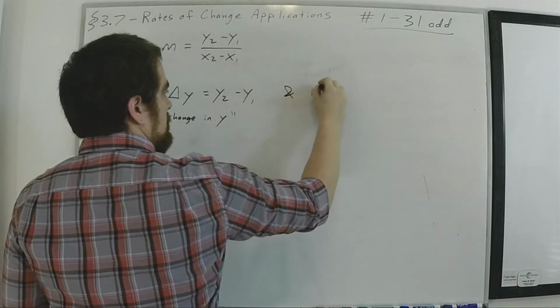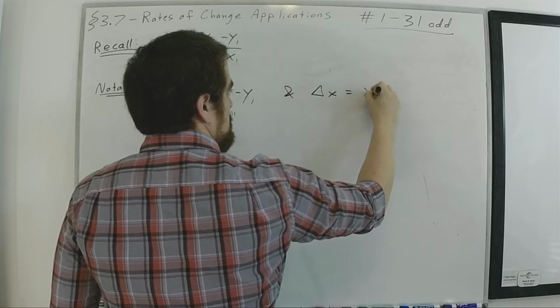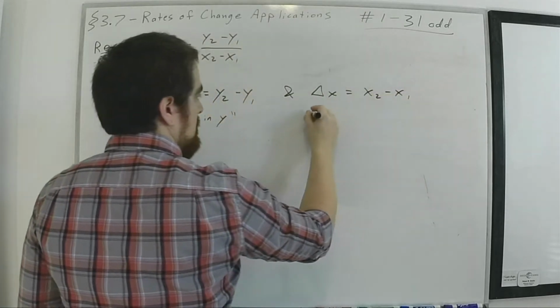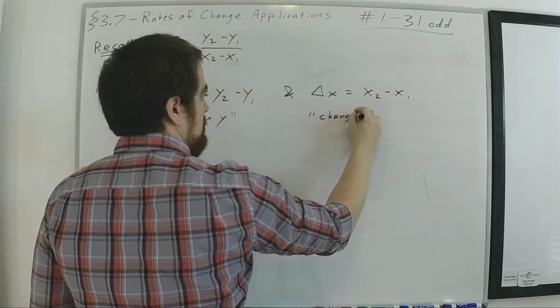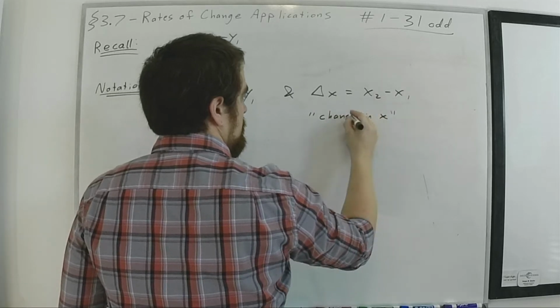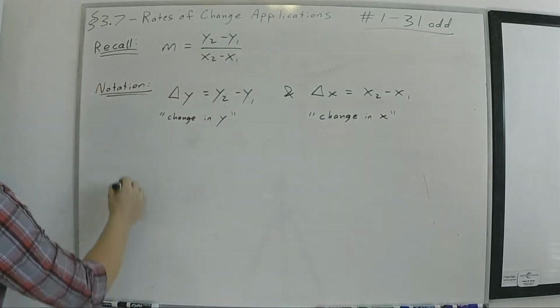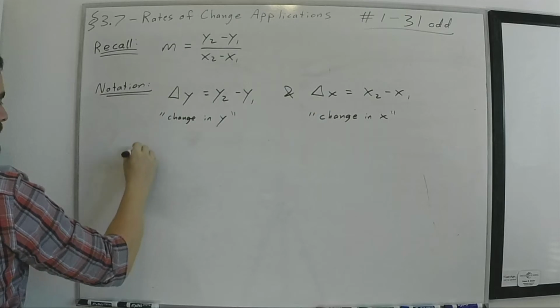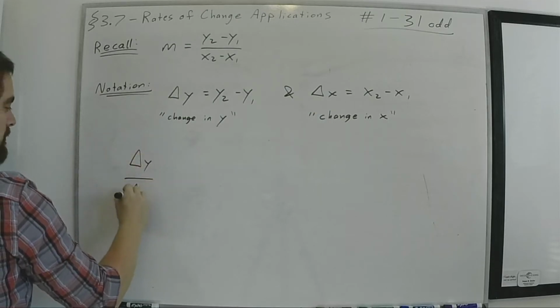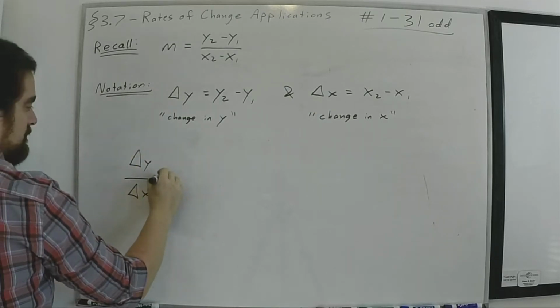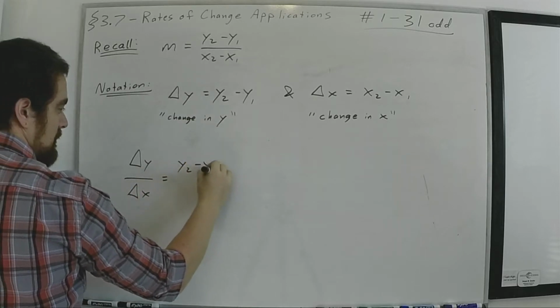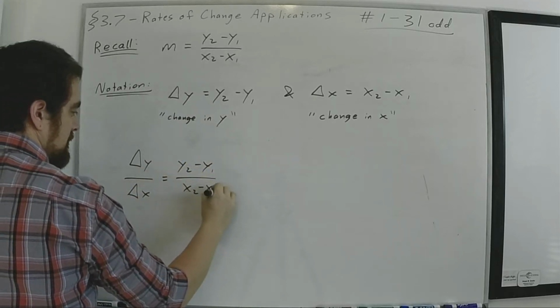And they use delta x to mean the change in x. So we shift away from that simple slope, and we start talking about the average rate of change, which is given by the same formula, essentially.